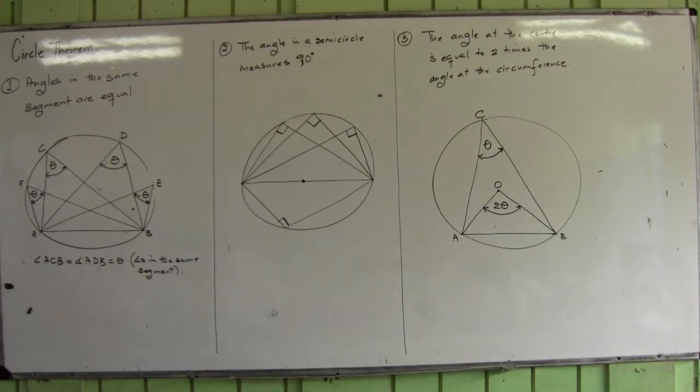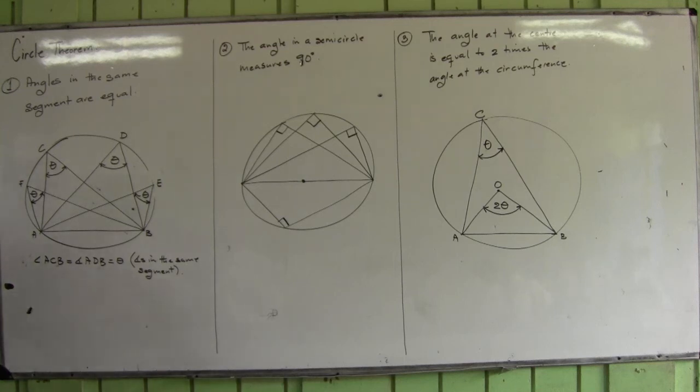What else? Please note that both angles have the same starting point and the same what? Ending point. One goes to the what? Center, and the other goes to the circumference.